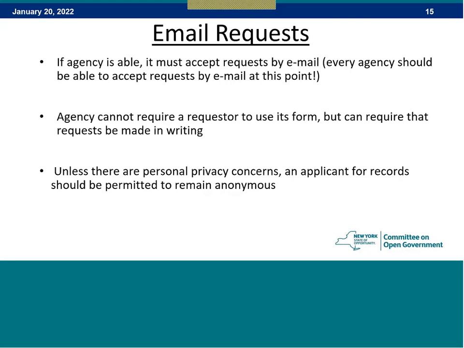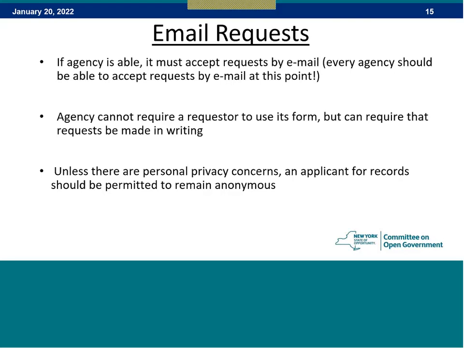And unless there are personal privacy concerns relating to the records, an applicant for records should be permitted to remain anonymous. So for example, if someone is requesting a copy of a contract that would be available to any member of the public, and they submit a FOIL request using an anonymous email address or a pseudonym, there's nothing prohibiting them from doing that, because the record that you would be sending back to them would be available to any member of the public, so their identity is irrelevant.